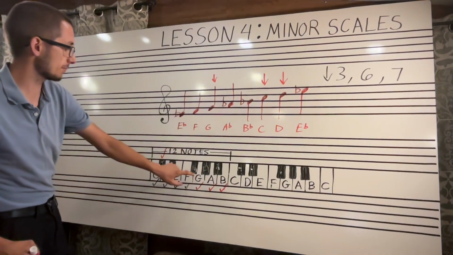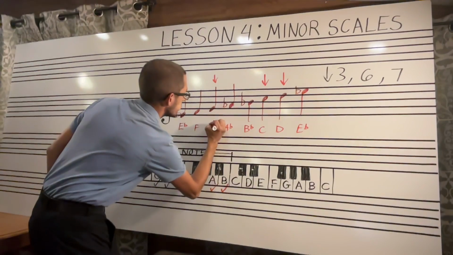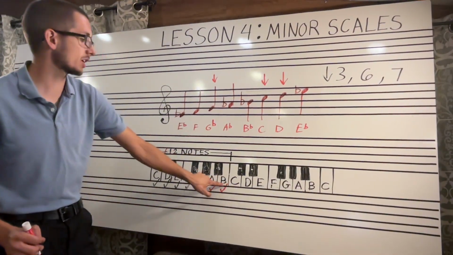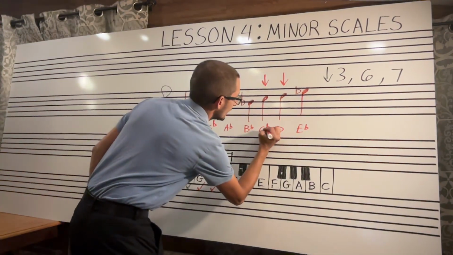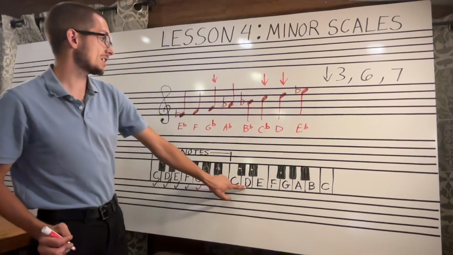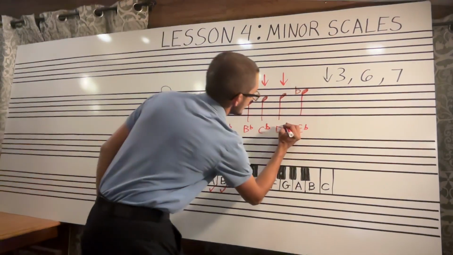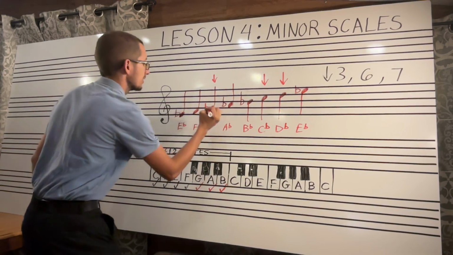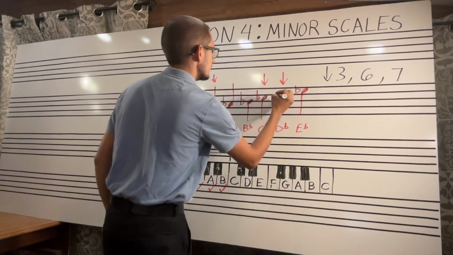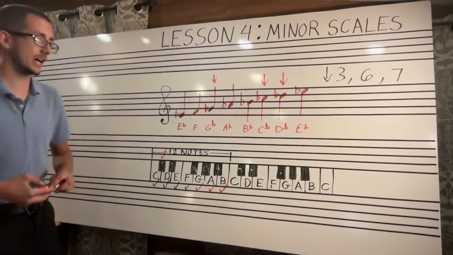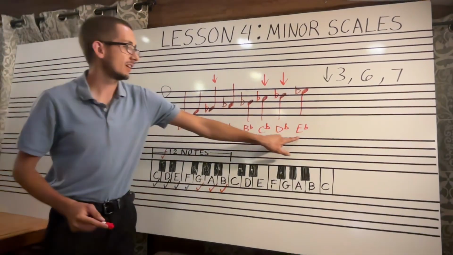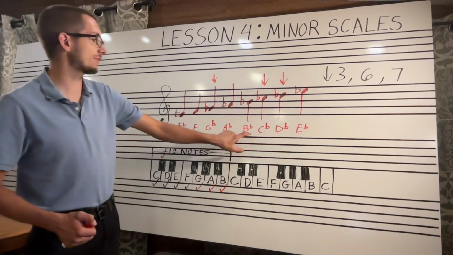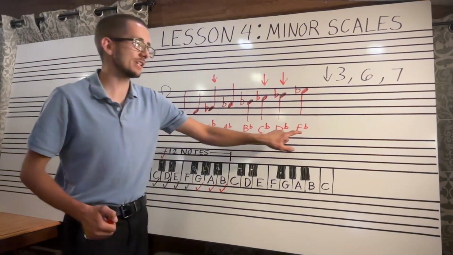G down a half step becomes G flat. C down a half step becomes C flat. D down a half step becomes D flat. Now let's put our flat signs on the notes themselves there. So that is our E flat natural minor scale. E flat, F, G flat, A flat, B flat, C flat, D flat, and E flat.